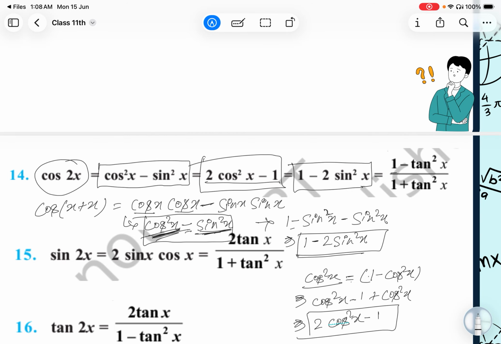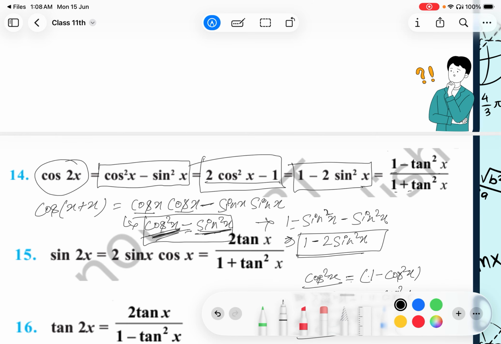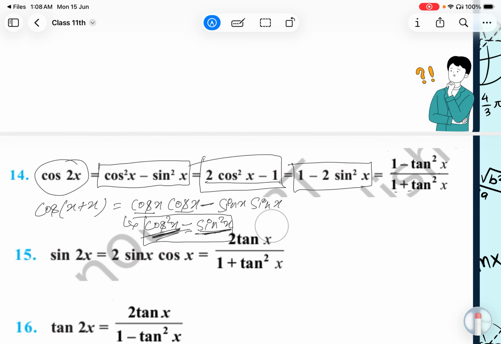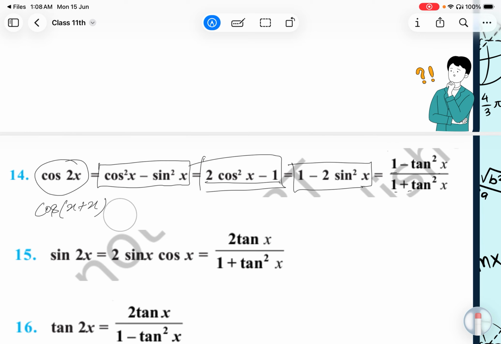Now we have to prove what is 1 minus tan square x by 1 plus tan square x. This is very funny, and I request you to try with your own, and let's see if you get the answer or not, and then watch this video and you will be surprised that this is so simple. So we know cos square x minus sine square x, we have this, right?